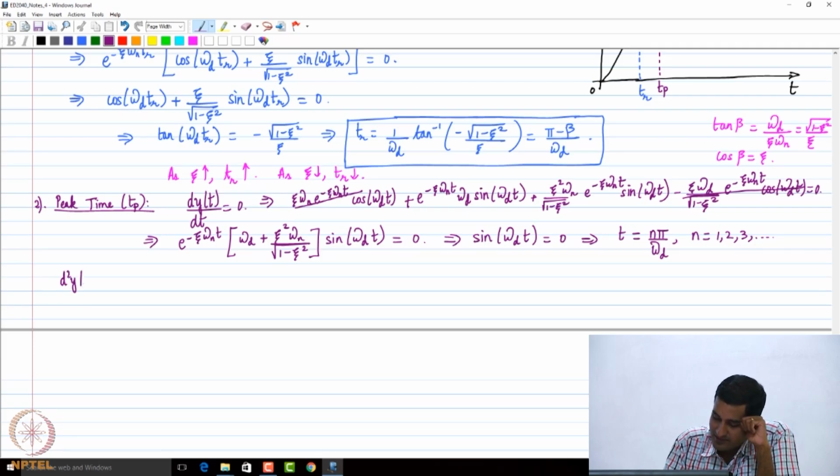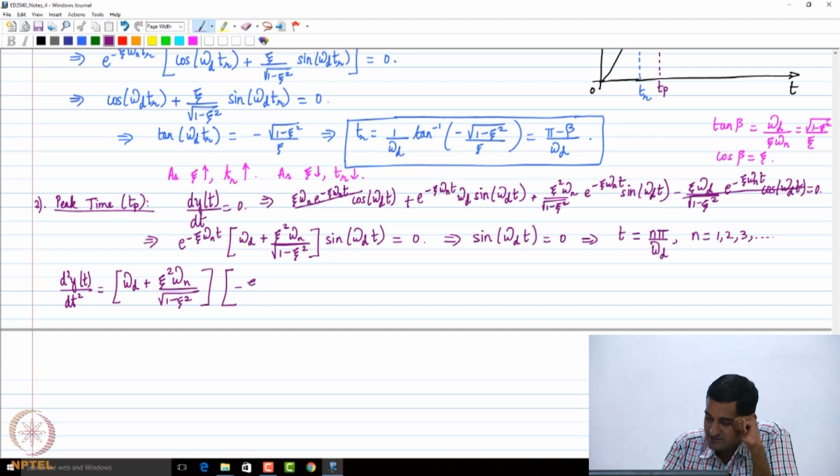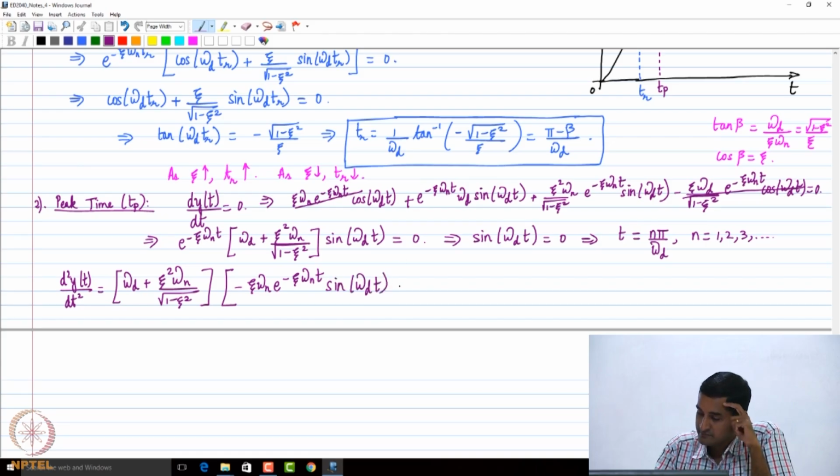So d squared y(t) by dt squared is going to be, let's put this constant term outside. Then we first differentiate the exponential term, and then we differentiate the sine term.